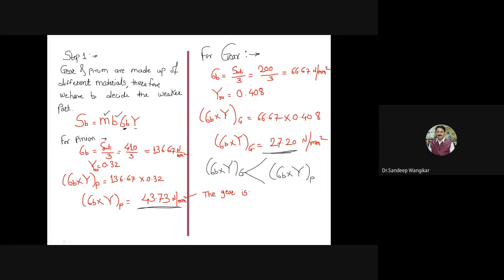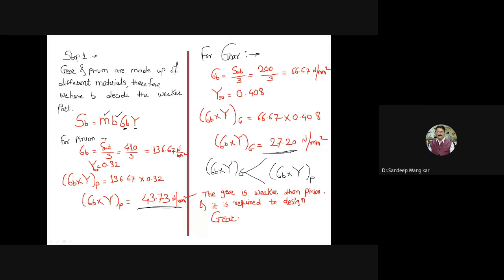For this numerical, gear is weaker than pinion and it is required to design gear.